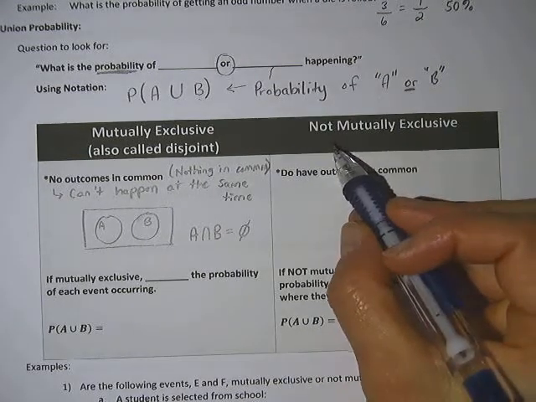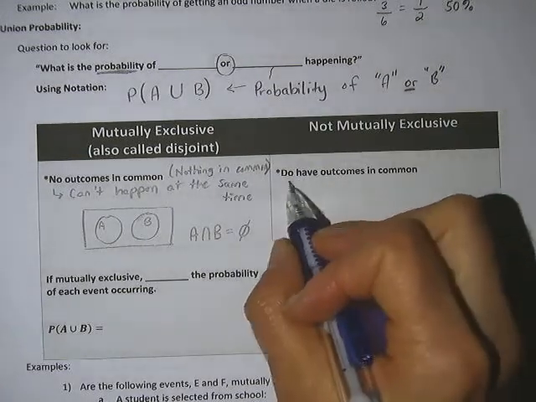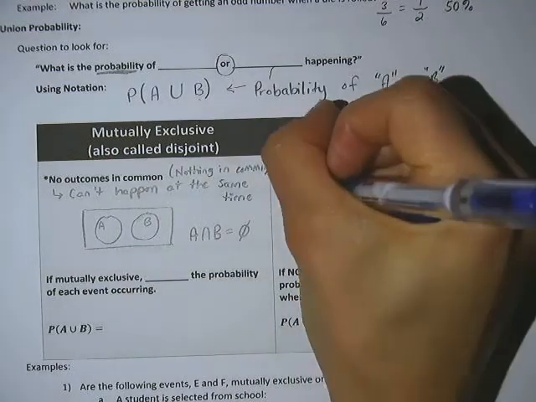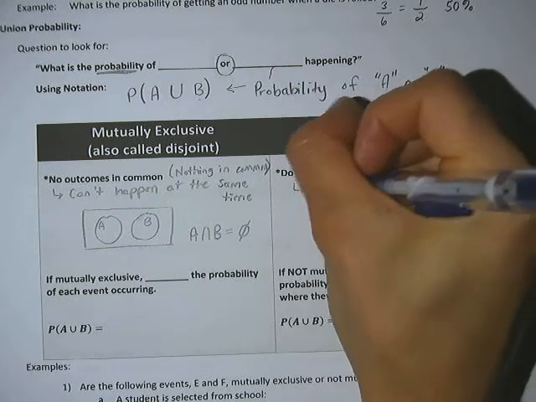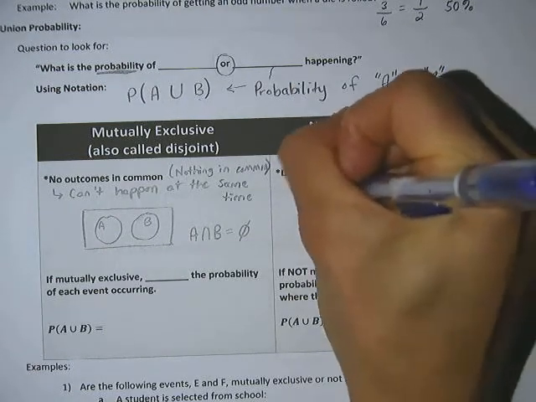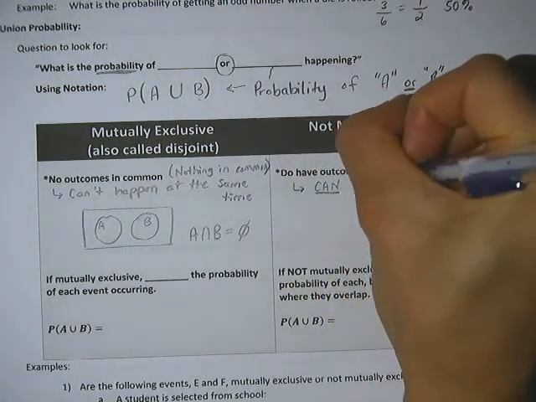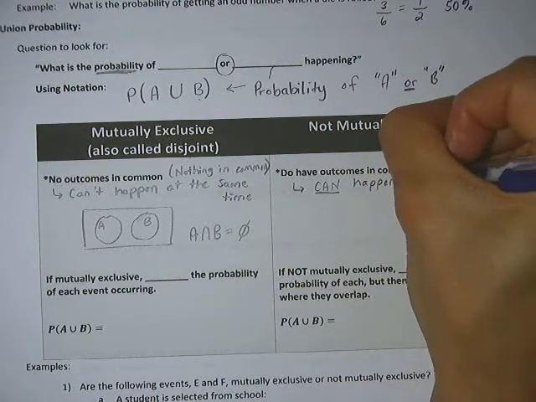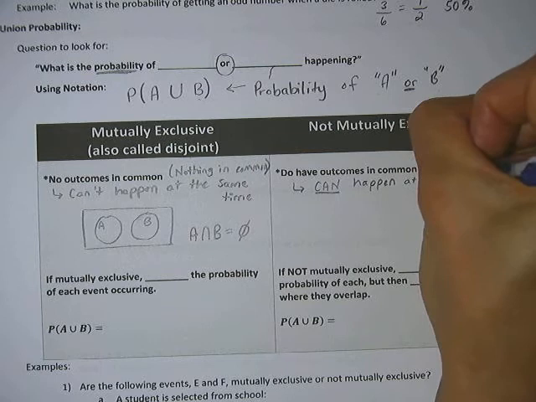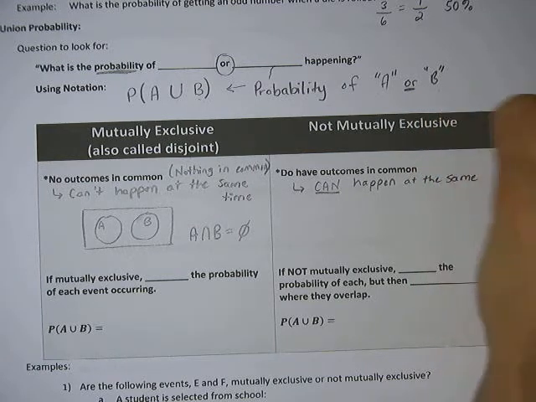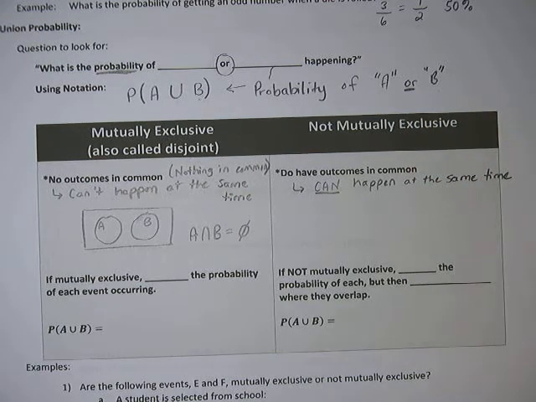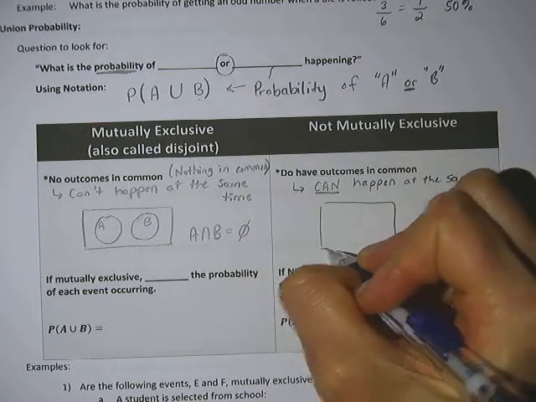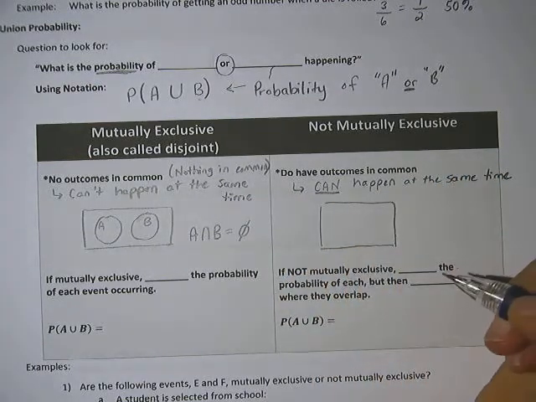But if they're not mutually exclusive, then that means they do have outcomes in common, okay? So with this one, with probability, this means that they can happen at the same time. And you'll see why I keep saying it that way in a second. So they can happen at the same time. Okay, and so with this, if you think about the Venn diagram, these would be the ones where they would have something in common.